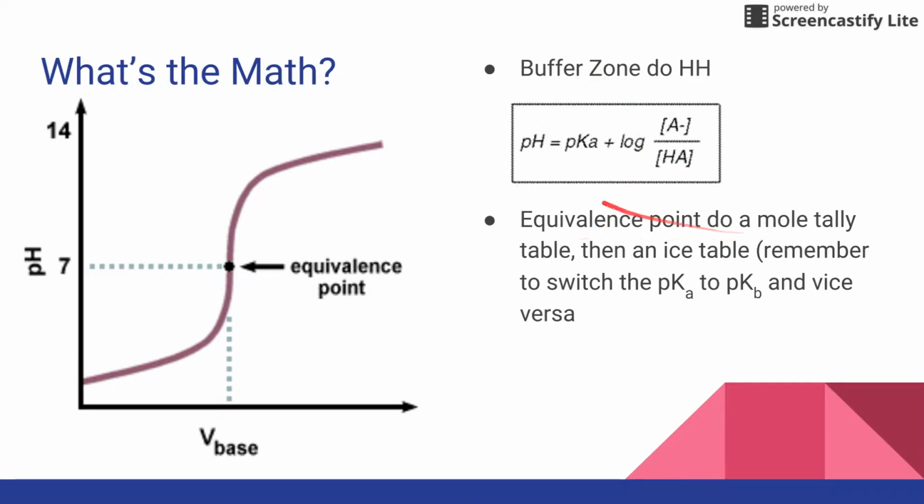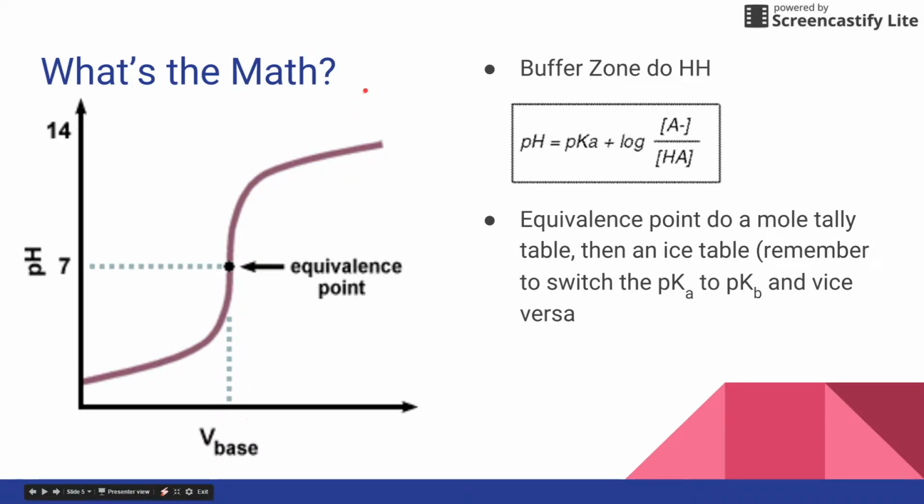Now, at the equivalence point, you're going to want to use a mole tally table to take the moles added from the base, and the moles of the initial thing are going to be equal. And so to figure out the moles added, you're going to have the volume and they're going to give you the molarity of the base.